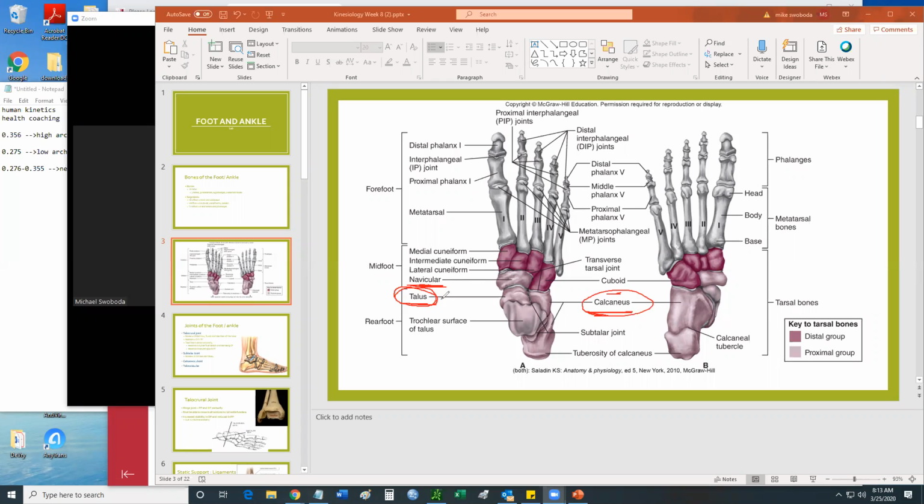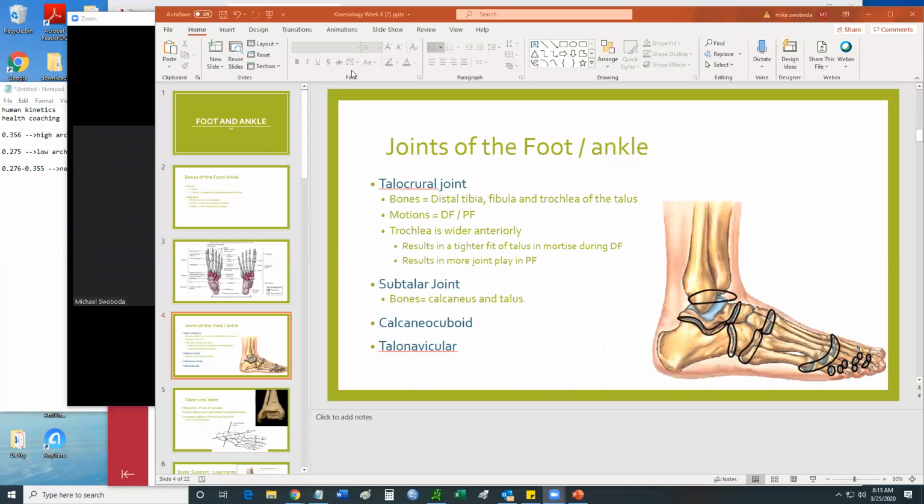So you have a talar joint here, or your talar crural joint is what it's actually called. And that talar crural joint is what your actual ankle is. So this right here is the talar crural joint. That's where the tibia, so this is tibia here, fibula there, and this here, which is the talus, forms that talar crural joint.